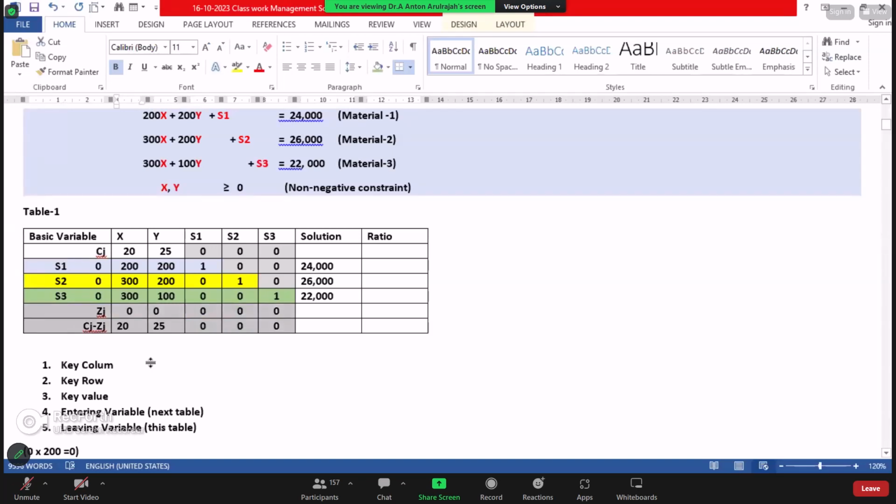In this table, you can see what is the largest positive value in Cj minus Zj.